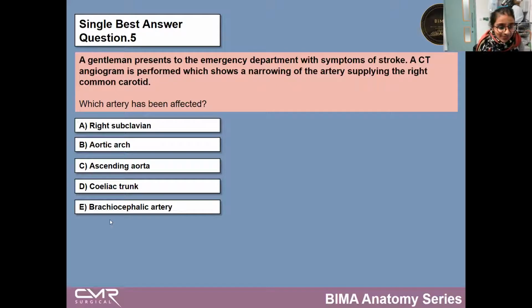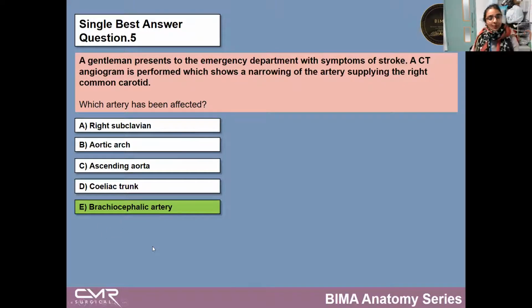Exactly. It's letter E, brachiocephalic artery. So on the right side, as I said earlier, on the right side of the aortic arch, you have your brachiocephalic, then splitting into your right common carotid and your right subclavian. Whereas on the left, they come straight off the aorta.